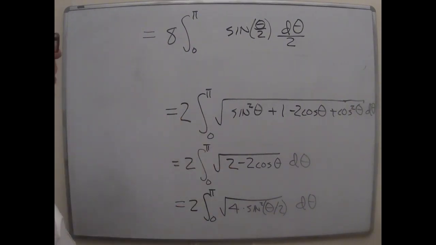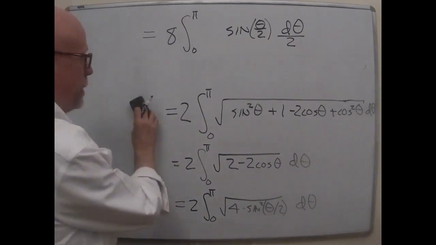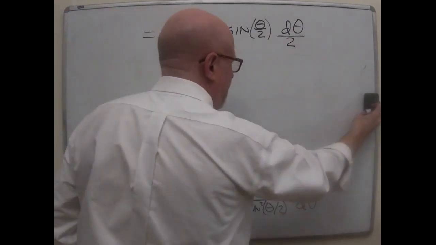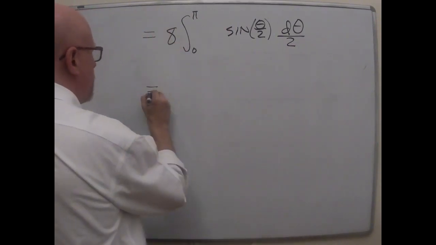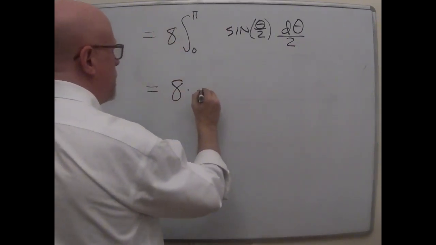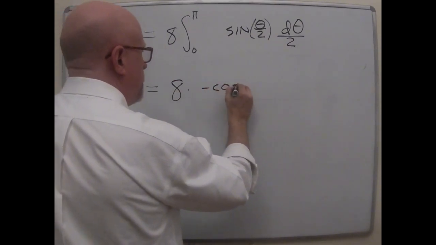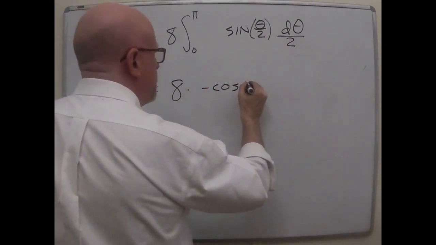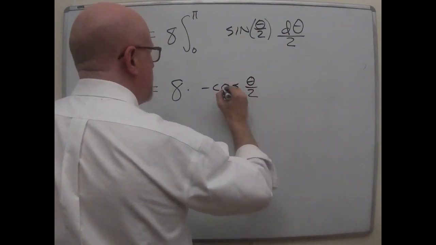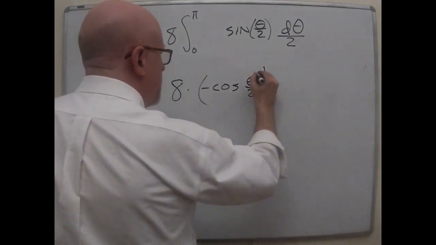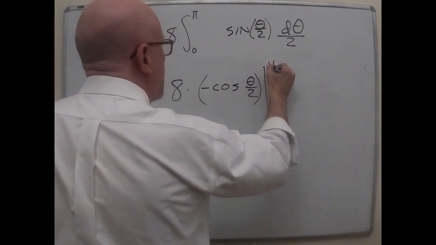The integral of sine is minus cosine. So we're getting 8 times the negative of cosine of u, which is theta over 2, evaluated between these limits 0 and pi.